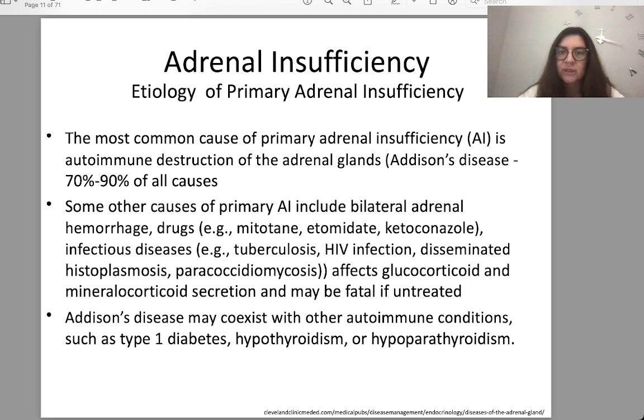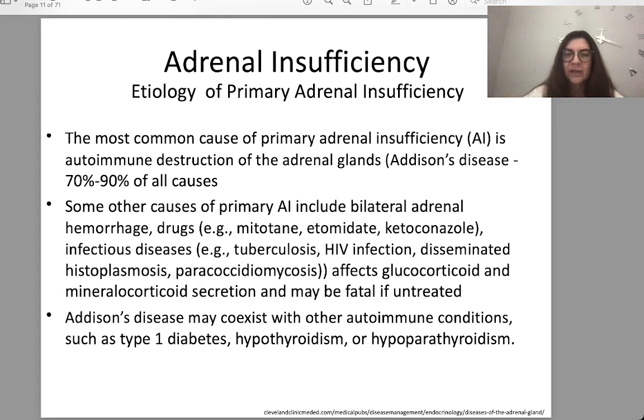Some other causes, this 10-30%, include bilateral adrenal hemorrhage, using some drugs like mitotane, etomidate, ketoconazole. It can be a result of some infectious diseases like tuberculosis, HIV, disseminated histoplasmosis, paracoccidioidomycosis.